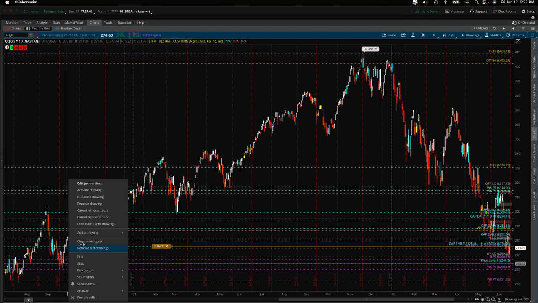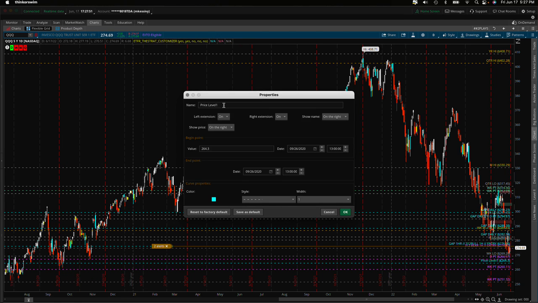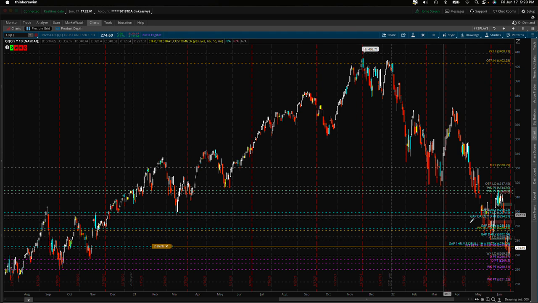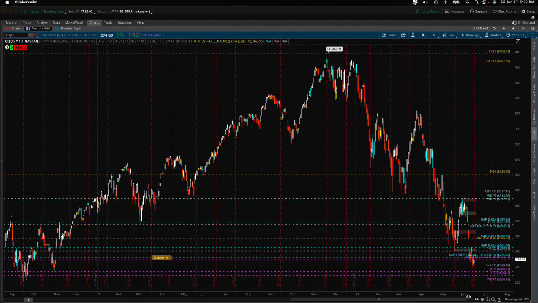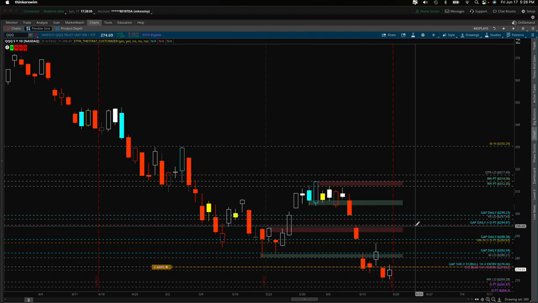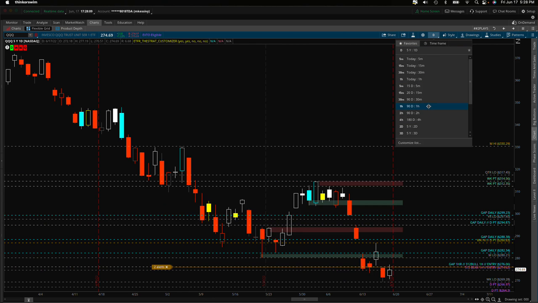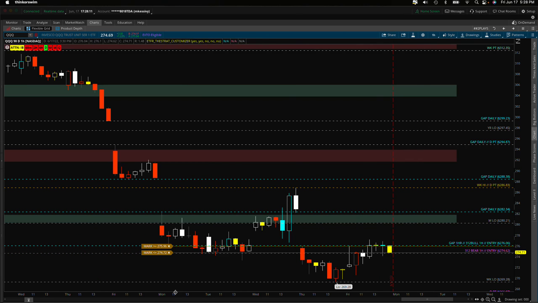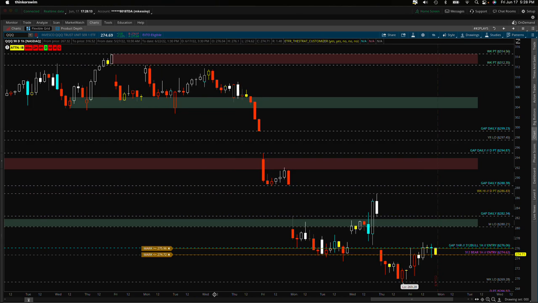Then we have another price target at 264.30. So it really helps to color coordinate everything. When we go into our hourly chart, we can see what's going on.